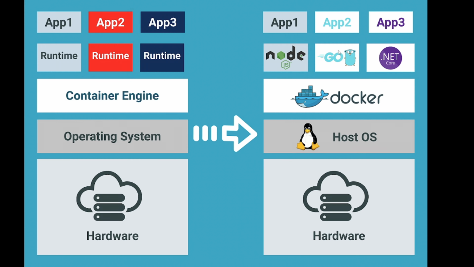It is very good that we have one operating system, one engine, and run more than one application, but with different libraries, different versions. Every container has its own dependencies and libraries. So this is the major concept of containerization.